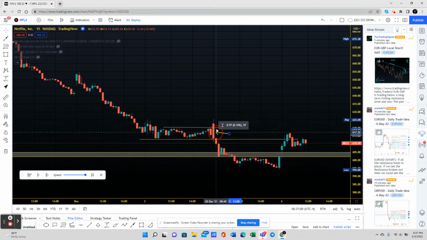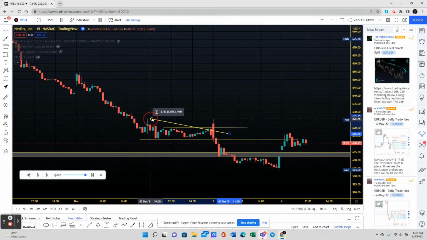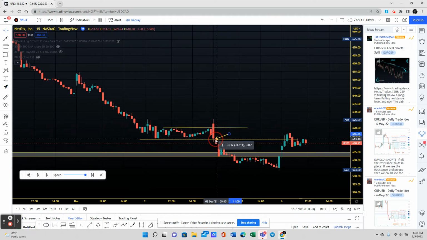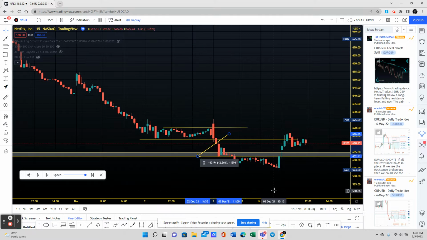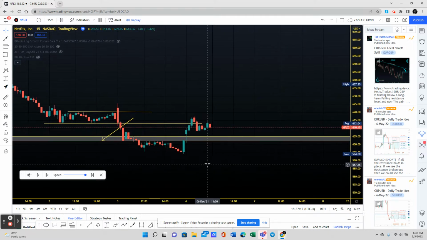Here. So you would have got in and you would have been out right here, right? Then what happened? Price then broke here. We get into the trade where we take it to, right here. We've been out. Simple as that, right? So that's what I mean by structure. So try to get in the habit of looking for structure. You need to go down to a lower time frame to get a better view of what's happening.